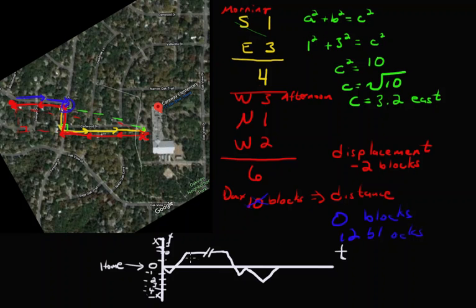Most graphs will not be this complicated, but you will see graphs like this that you'll have to figure out what is going on. And this is called a displacement versus time graph. We'll also have velocity versus time, and we'll have acceleration versus time, which we'll talk about next time.